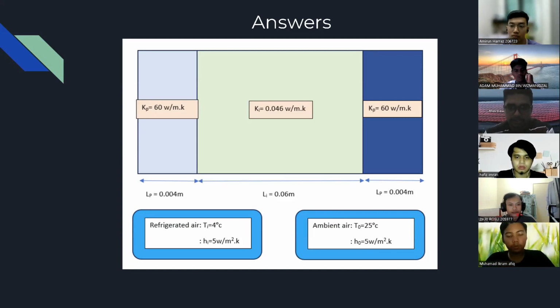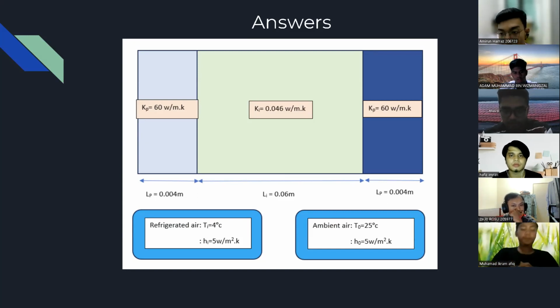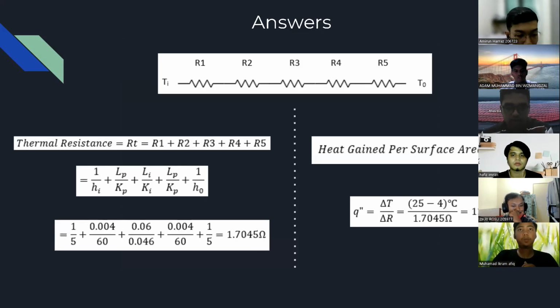This is an important step in solving this case study, with the lengths given below, 0.06 for the insulation and 0.04 for the metal panels. Next slide. What we need to do here first is to construct a thermal circuit, as I have shown right now on the top.